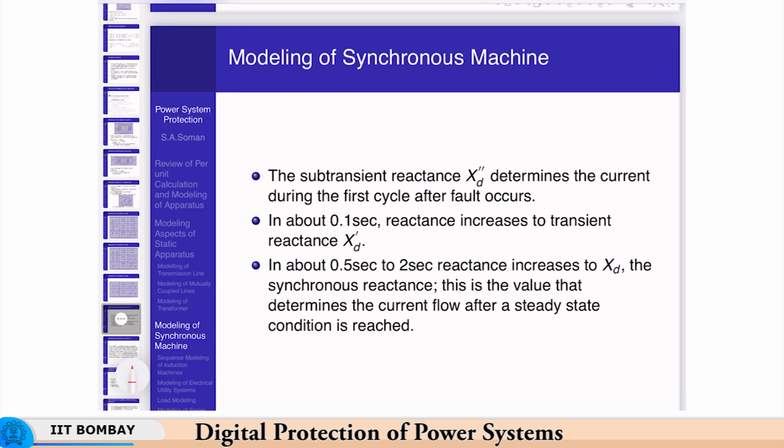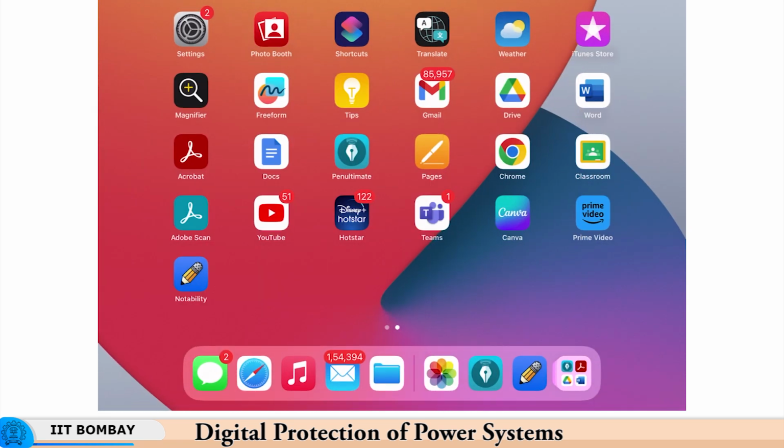If we are looking at the first cycle after the fault occurs, then we are looking at the subtransient reactance. In about 100 milliseconds or so, that is around 5 cycles, this has increased to the transient reactance X't, and around 500 milliseconds to 2 seconds or so, it is the saturated or synchronous reactance. So how do you connect these? We will have a look at that before we stop for today.